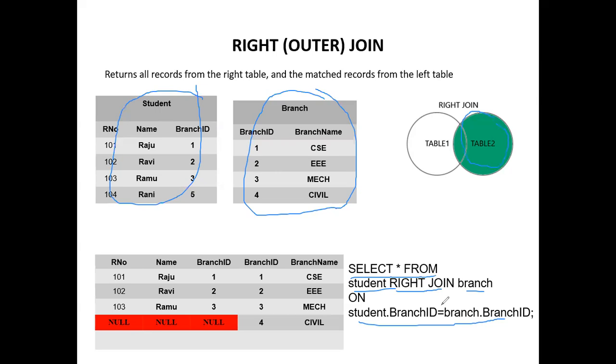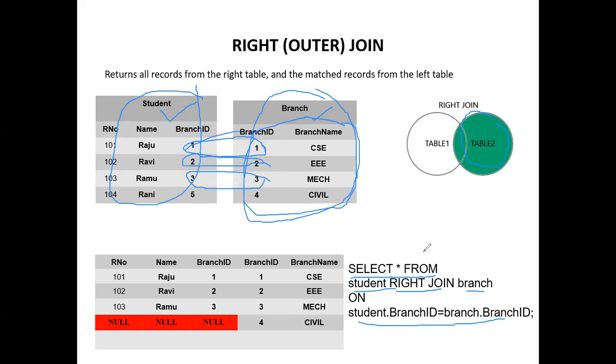Now, as we are using the right join, it will return all the records of the right-hand side table and only the matching records from the left table. Student is the left table and branch is the right table. So all the records of branch will be considered, but for the left table only matching records will be considered. Matching records are 1, 2 and 3.